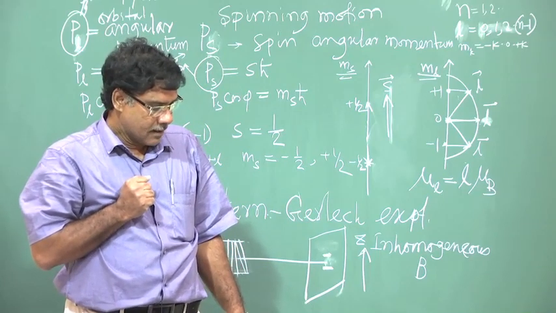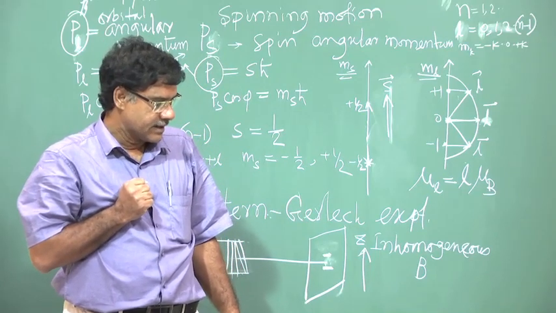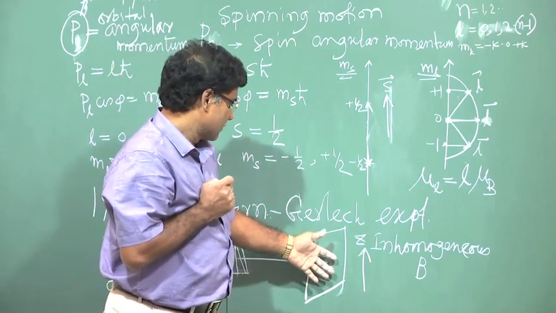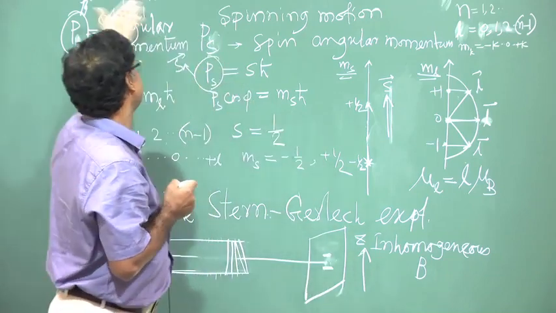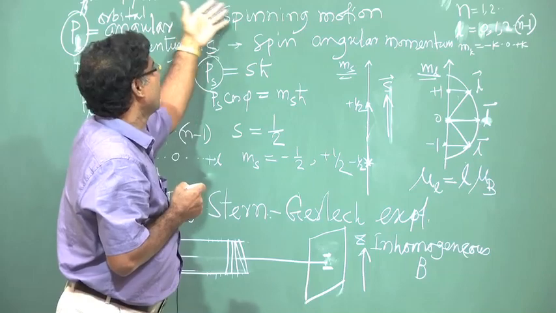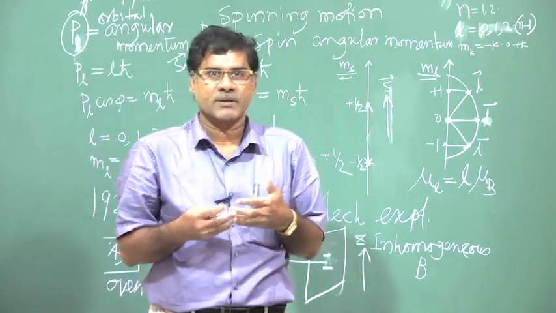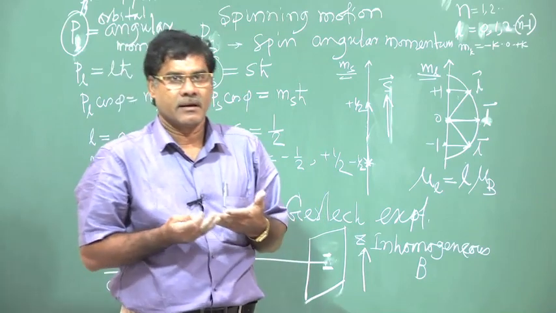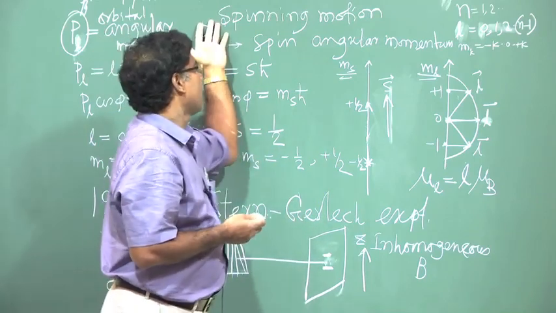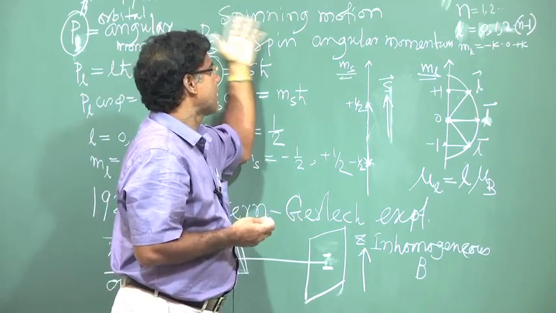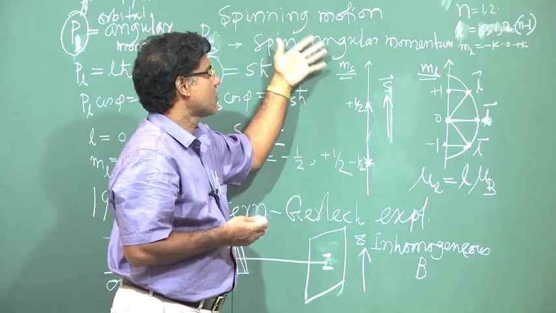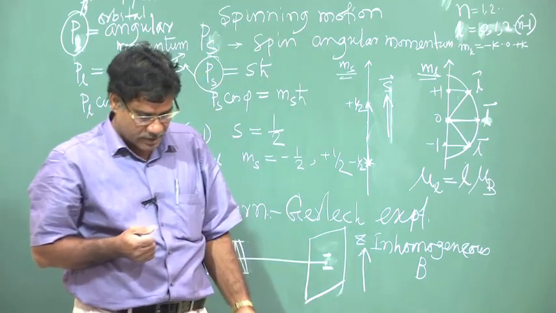Okay. And then later on, in 1925, Uhlenbeck and Goudsmit postulated that there is a spin, a spin angular momentum, which has a corresponding magnetic moment also.